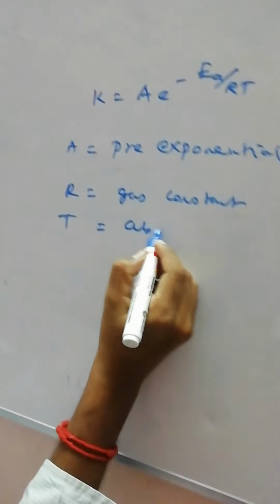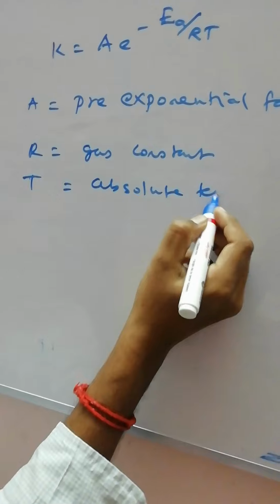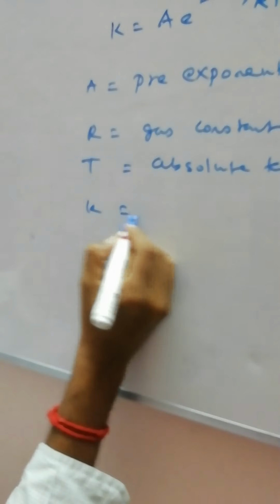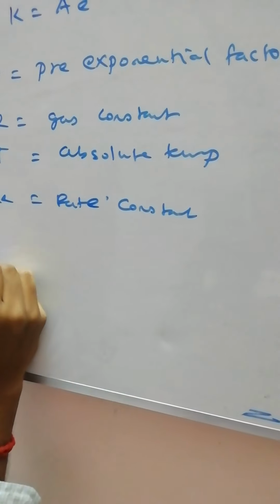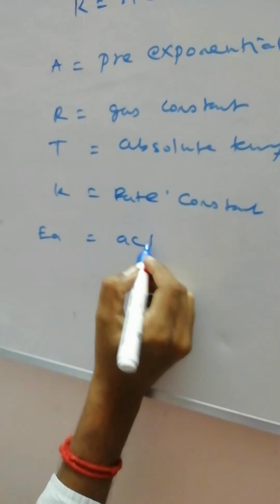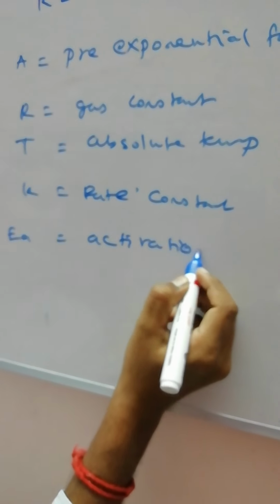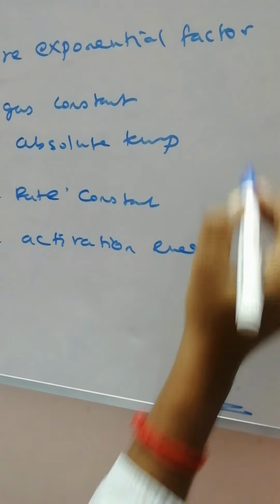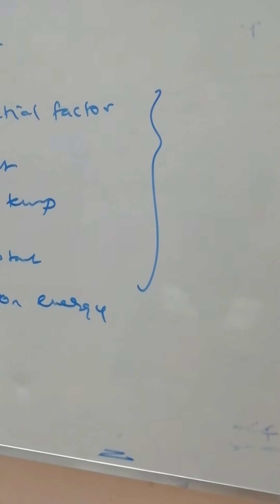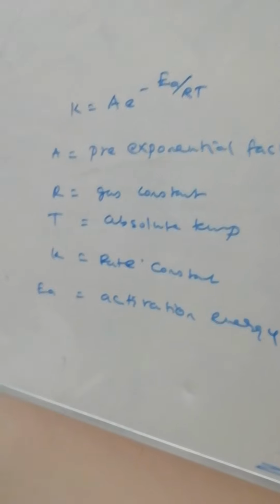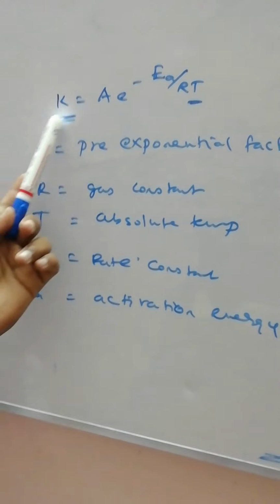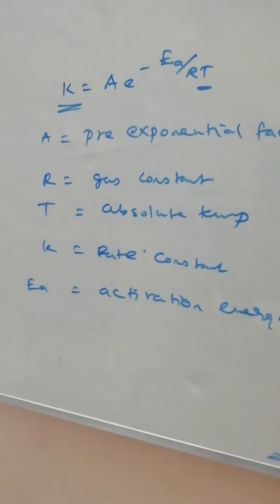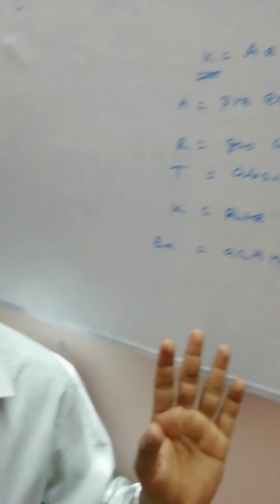T is absolute temperature. K is the rate constant. Ea is activation energy. I will tell you in this paragraph about all these things, such as activation energy and threshold energy. These are the relation between the rate of the reaction and temperature. If the temperature increases, the rate also increases. This was given by Arrhenius and Van't Hoff.